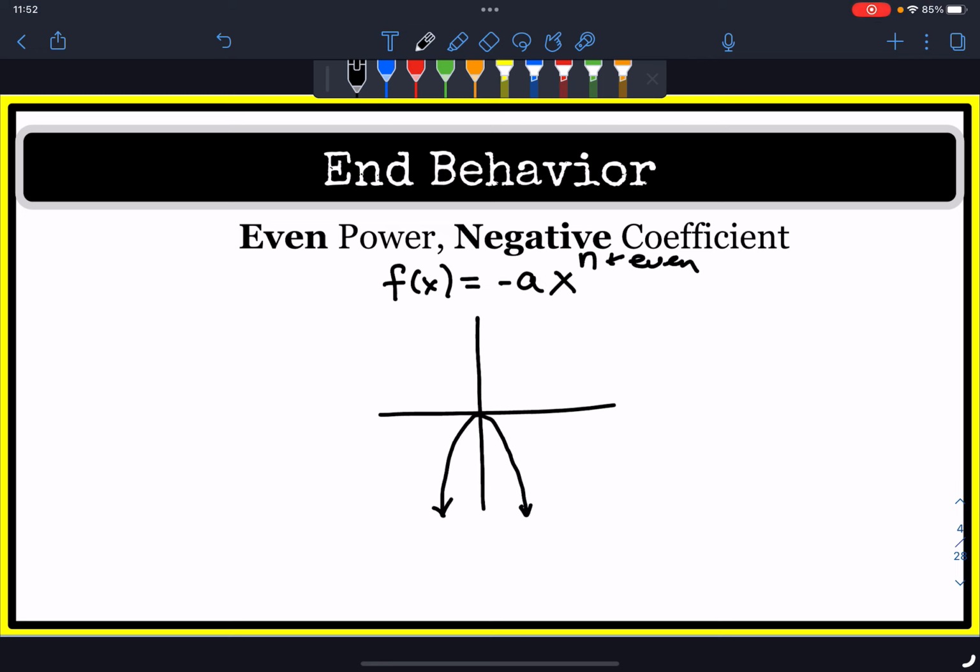Regardless of what negative a value is, and regardless of what even exponent that is, it's going to behave very similar to this, where the left end and the right end are both going to be pointing downwards.